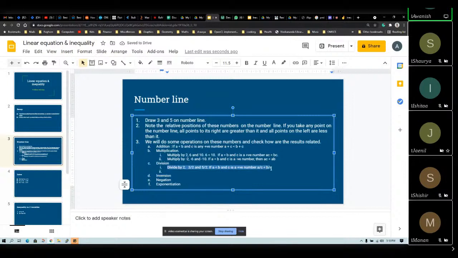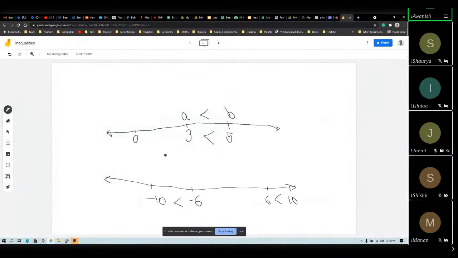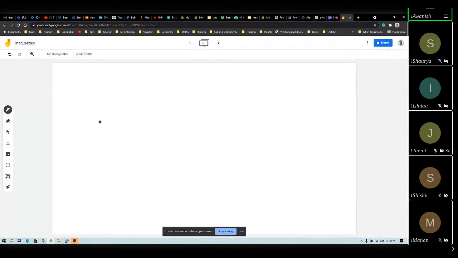So if we take by -2, then it will be -1.5 and -2.5. Which one is greater in these two? Sir, -1.5 is greater than -2.5. Is it right, everyone? Let's maybe clear this.